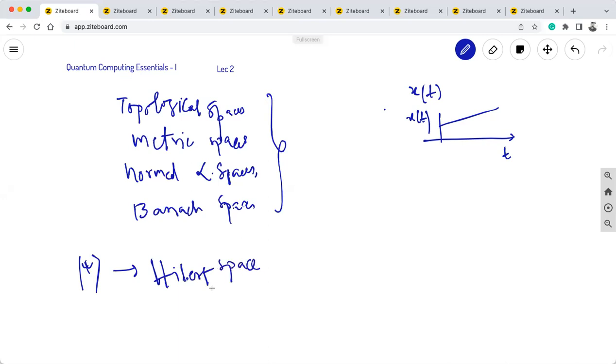Hilbert space is a specialized Banach space, a subset of Banach space. It has a particular norm, and a complete inner product space description.